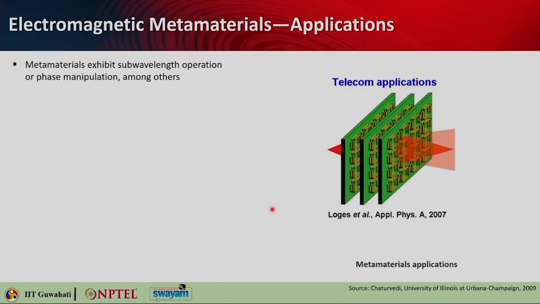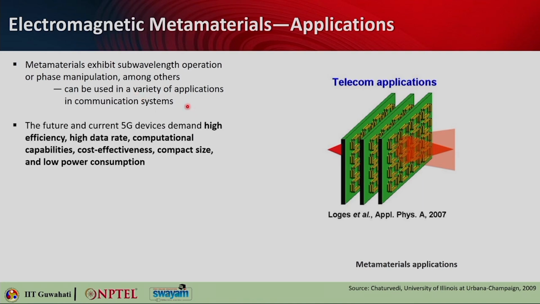Okay, so if you talk about electromagnetic metamaterials, the main applications are in the telecom areas, where metamaterials exhibit sub-wavelength operation or phase manipulation, and that makes them very popular in communication systems. The future and current 5G devices demand high efficiency, high data rate, computational capabilities, cost effectiveness, compact size and low power consumption, and all these things are possible with metamaterials.